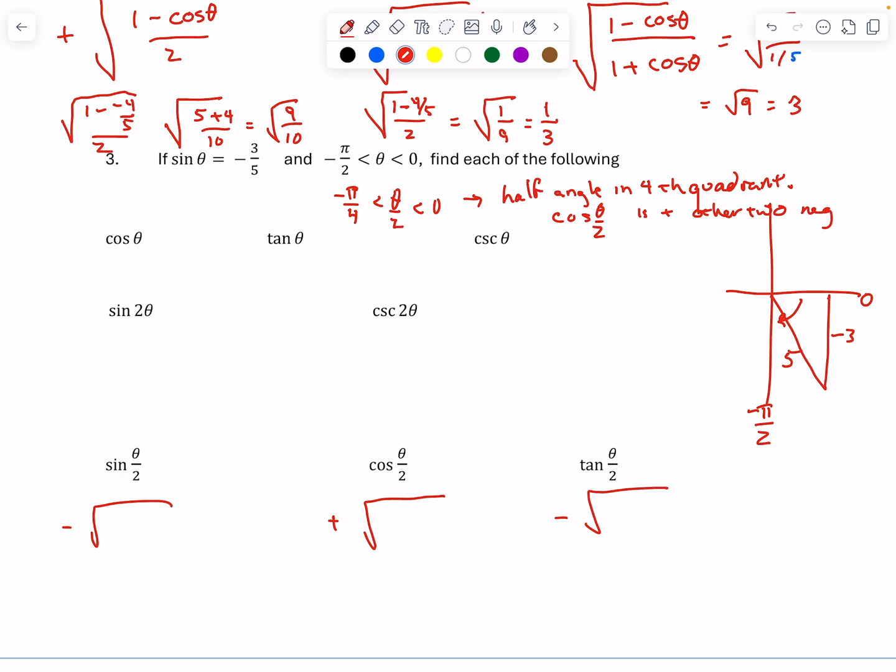Okay, cosine of theta is Pythagorean theorem. It's another 3, 4, 5 triangle. Positive 4 for this.